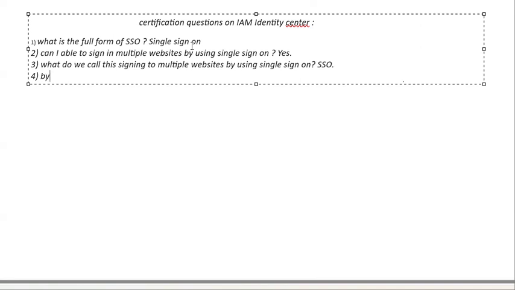By using what service in AWS can I provide multiple IAM user credentials to a single user?